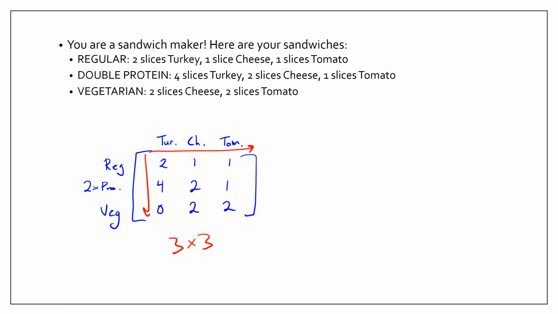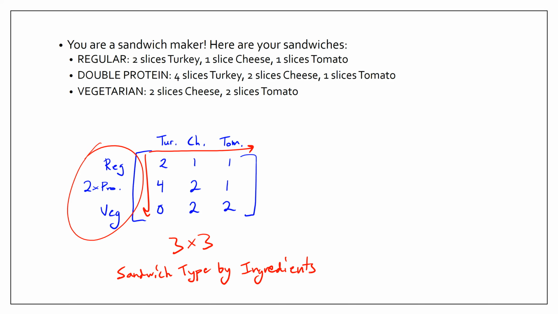So this is a 3 by 3 matrix, and if we wanted to label this matrix by what the rows and columns represented, I would maybe say sandwich type by ingredients. So these are what the matrix is storing.